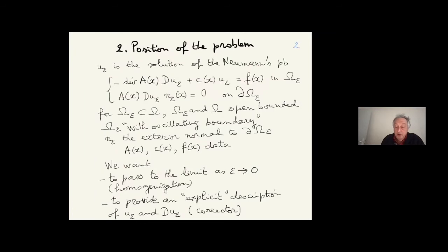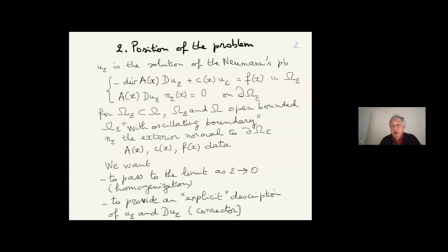And the equation takes place in a set Omega^epsilon, and I denote by n^epsilon the exterior normal to the boundary of Omega^epsilon. This is in the case where Omega^epsilon is smooth. Actually, it will not be smooth, but okay. And the boundary condition is a Neumann boundary condition: A of x grad u^epsilon dot n^epsilon of x equals 0 on the boundary of Omega^epsilon.